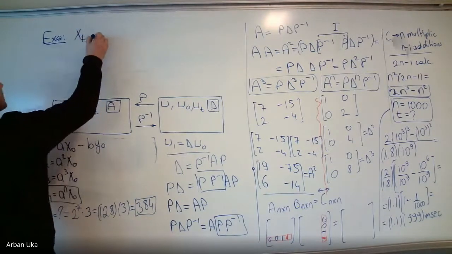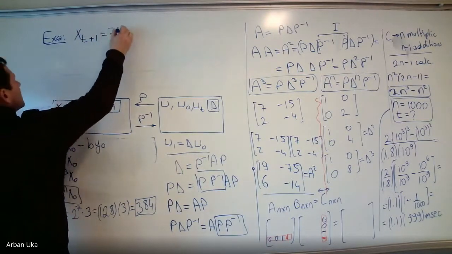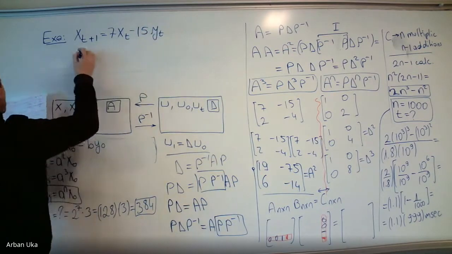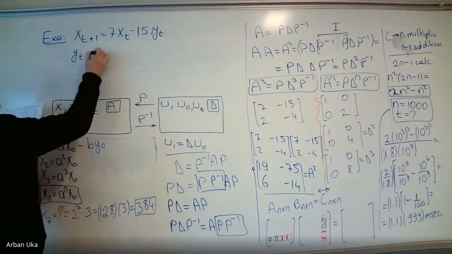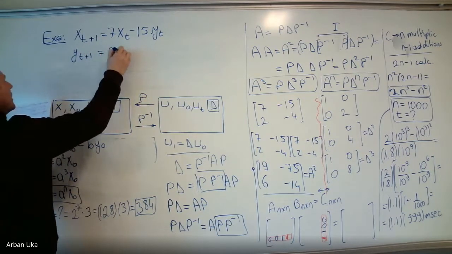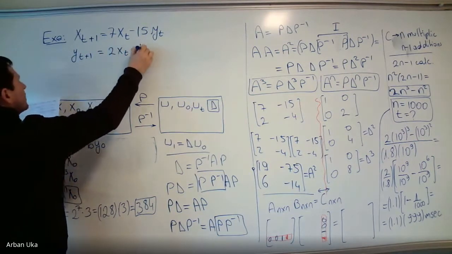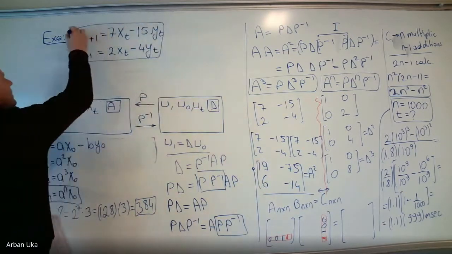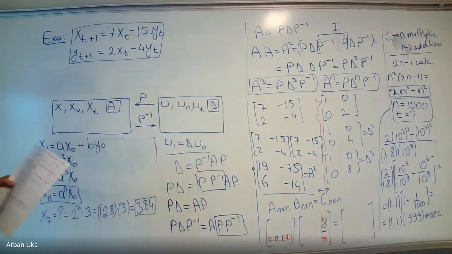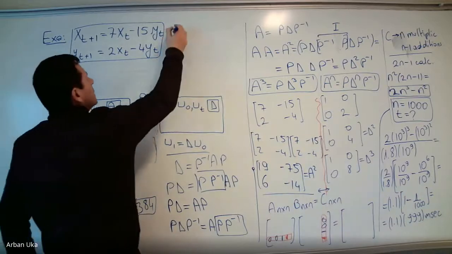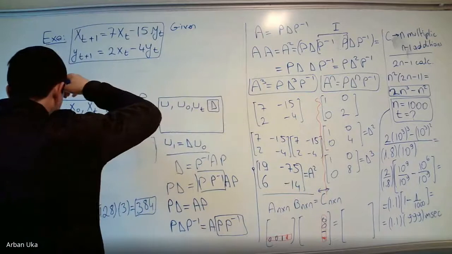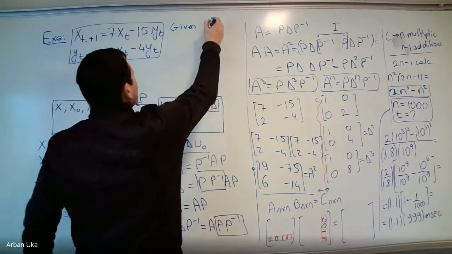We can say x_{t+1} is equal to 7 times x_t minus 15 times y_t. And this y is also a variable which depends both on the previous value of x and the previous value of y. So this is our problem. Given this relationship, we are also given an initial condition, and this initial condition can be equal to (1, 1).